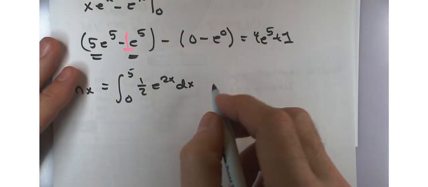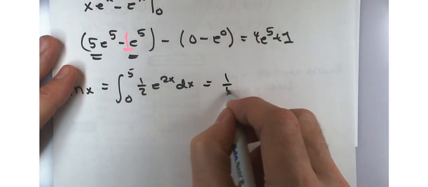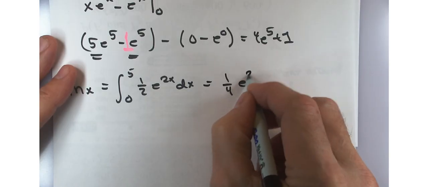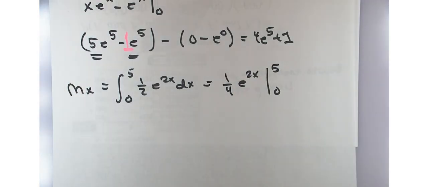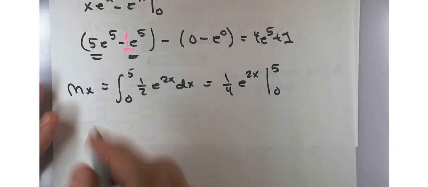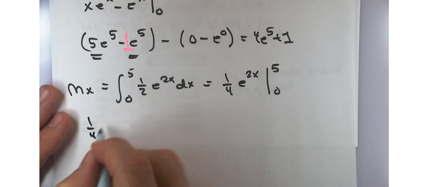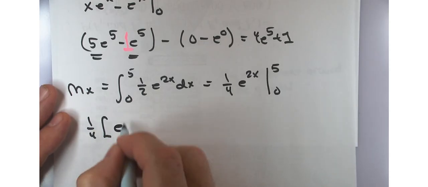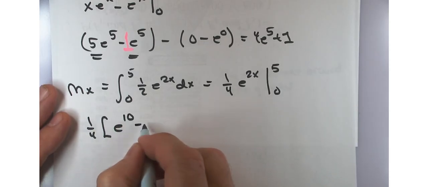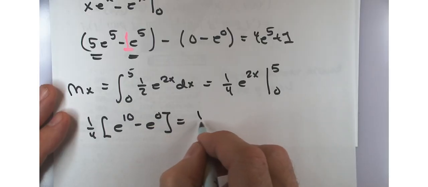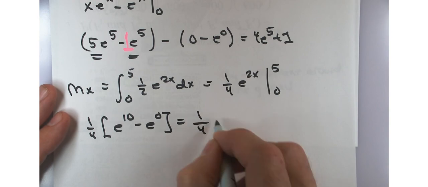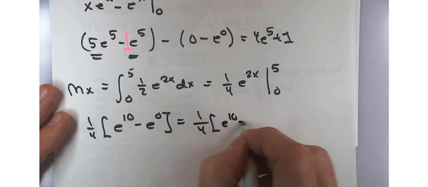So the antiderivative here is going to be 1/4 e to the 2x between 0 and 5. Okay, well, let's plug in some stuff here. That's going to be 1/4 times e to the 10 minus e to the 0, or 1/4 e to the 10 minus 1.